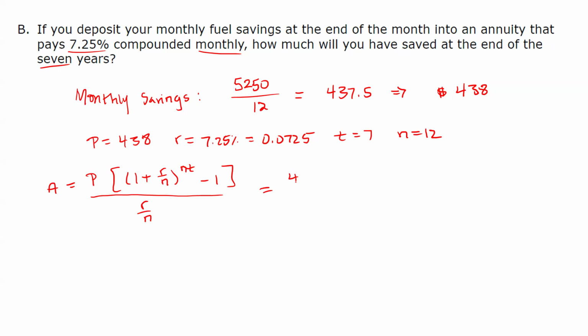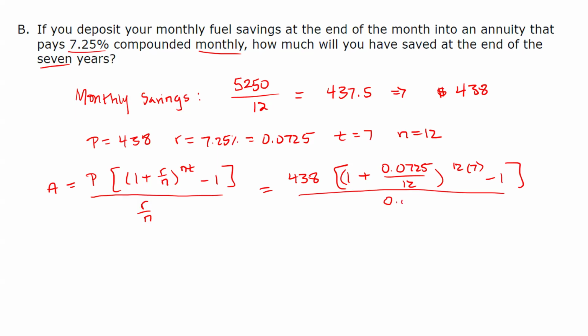So if we substitute in our values for each variable, we would get the following. That's 12 times 7, minus 1, divided by 0.0725 divided by 12.